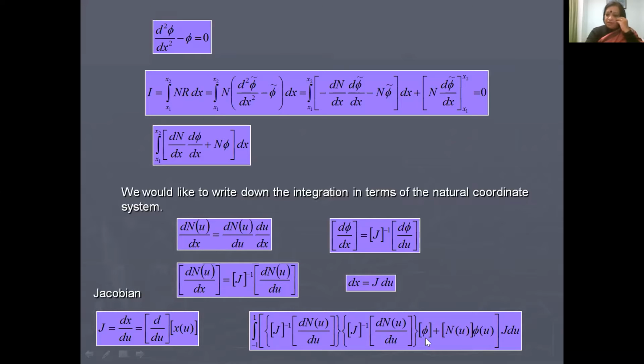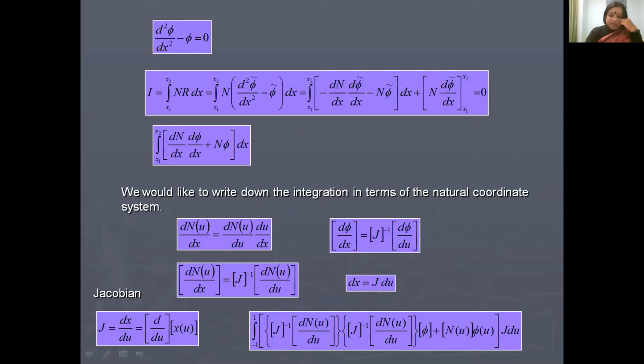Phi can be taken out of the integral because phi involves only constant values which may be known or may not be known, but it does not need to be integrated. So this matrix comes out of the equation. And apart from that, you also have the second term N phi, which is simple and can be written as N into u into phi. Remember, we also have to convert the dx into the corresponding integration, and dx is not du but J into du because of N into x.